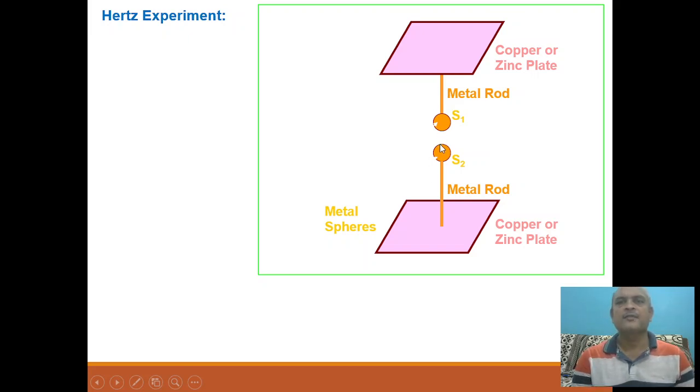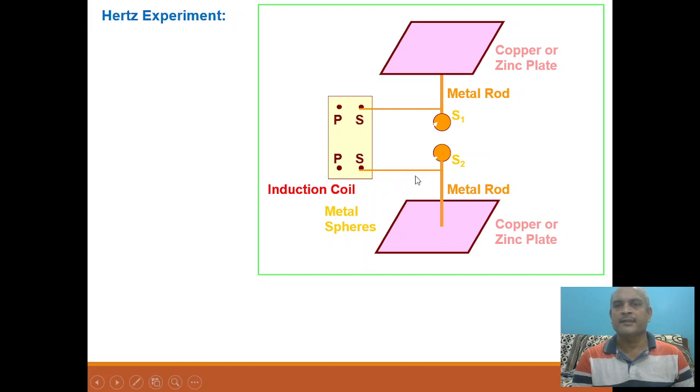Now he took an induction coil with the two electrodes, and he connected these electrodes, one positive and the second negative, across the gap of the spheres, and he gave the energy from an AC source.